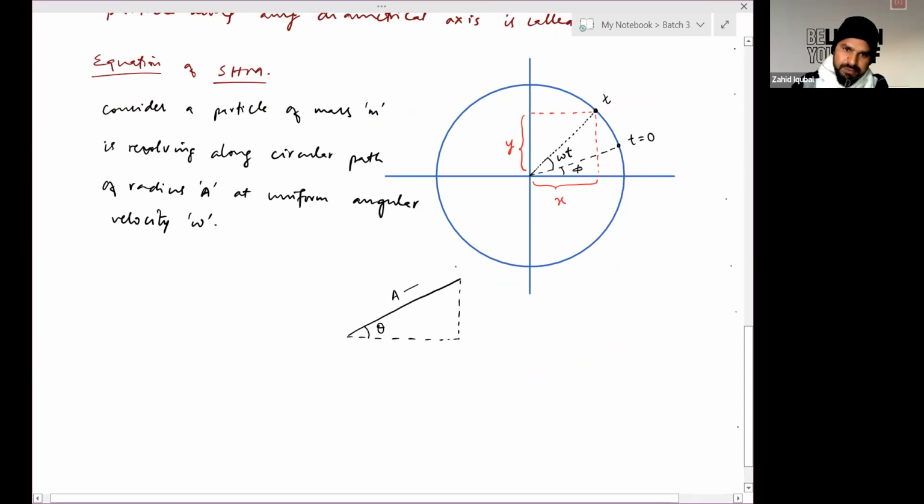The radius of this particular circular path from this point to this point is A, and projection along x-axis is x, and projection along y-axis is y. Total inclination theta will equal omega t plus phi. Abhinav, any doubt?